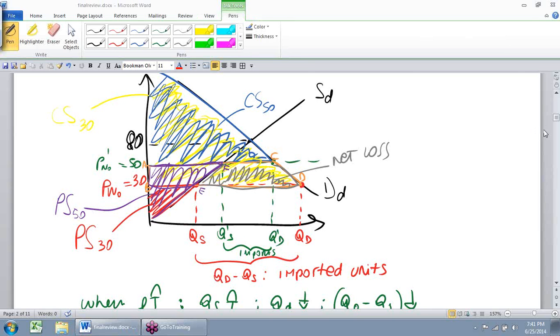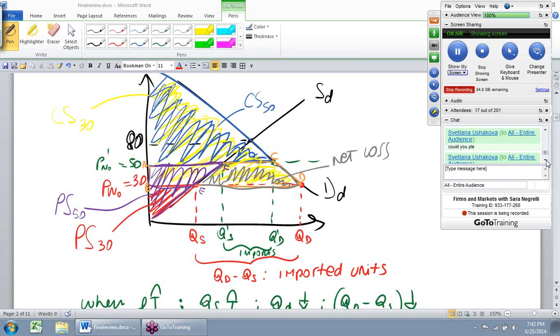So in the question, when it says show graphically and explain the effects of this change in price on producers and consumers of this product in the country and on the country's overall well-being, the country's overall well-being means that you want to see if there is a net loss or a net increase in well-being. Okay?